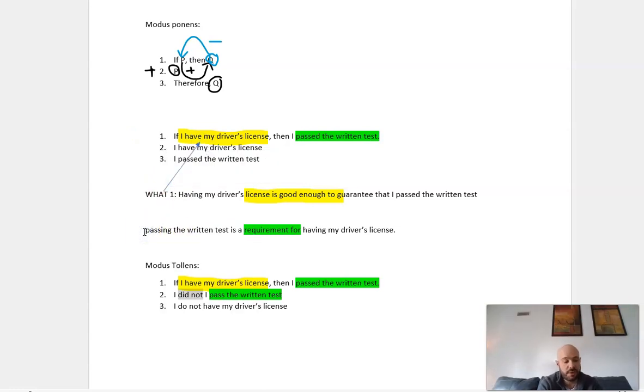Your what statement number two, what the part of the argument is claiming, is going to correspond to the necessary condition.